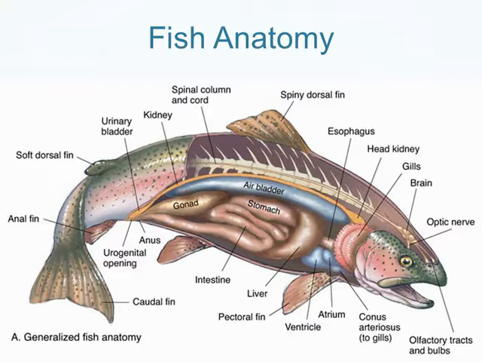Let's see, what is important for you guys to know here. Just be familiar with where the different organs are. I'm not going to test you on the specific organs, but if I test you on anything, it might be on the body parts that are on the outside of the fish.